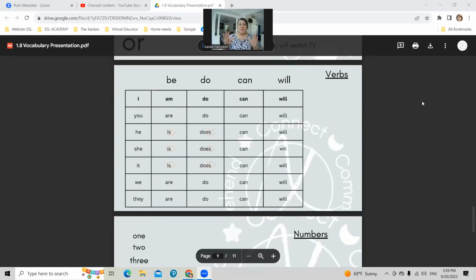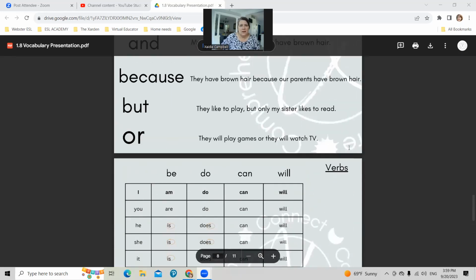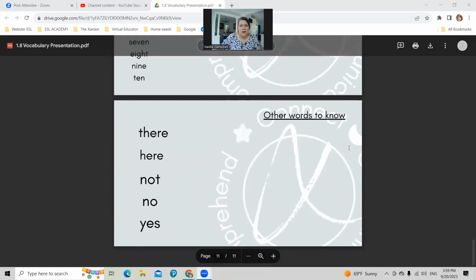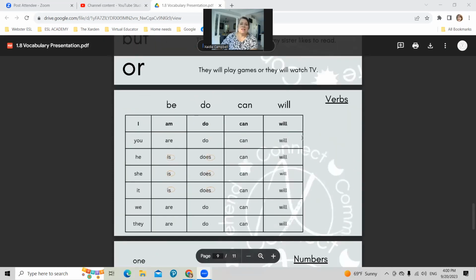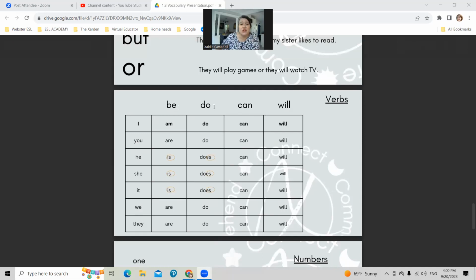Now, we have some more verbs. Really? I thought I had 2 pages of verbs, but I guess I have 1. So we have be, do, can, and will. These 4 verbs are used a lot.